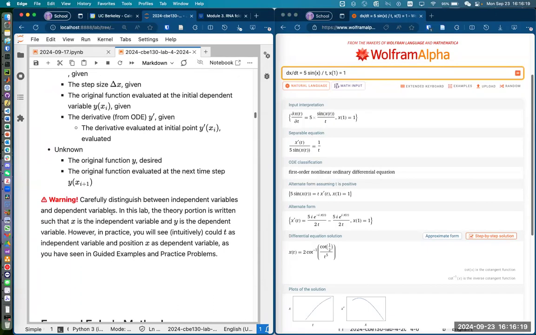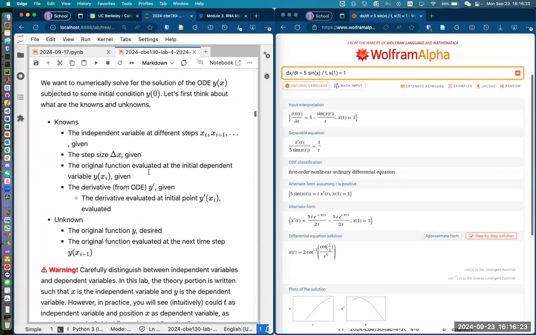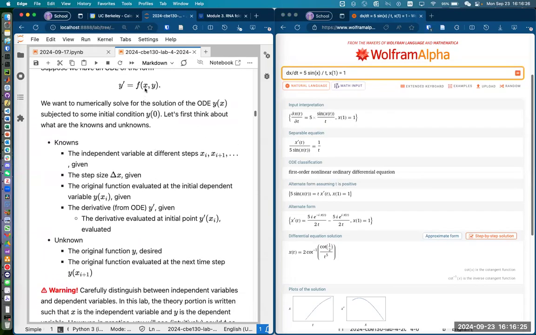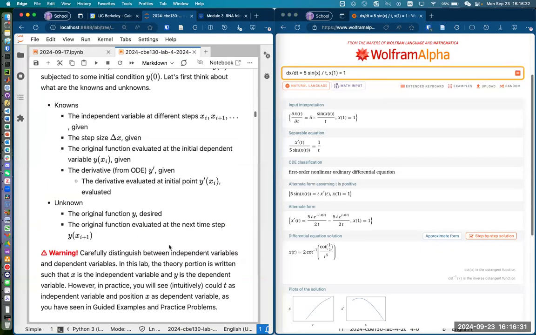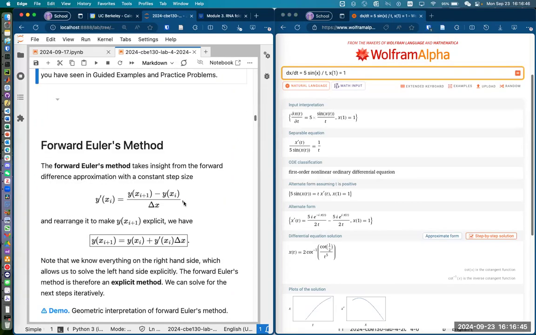It's important to note that in this lab, we use x as the independent variable and y as the dependent variable. But in reality, you might see other variable names. For example, you can use t as time as the independent variable and x as the dependent variable as position. So you need to distinguish between those to avoid confusion.